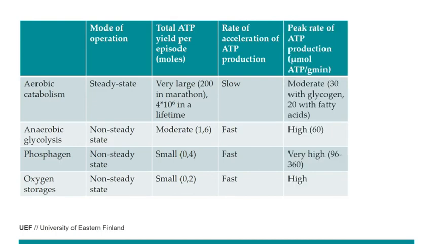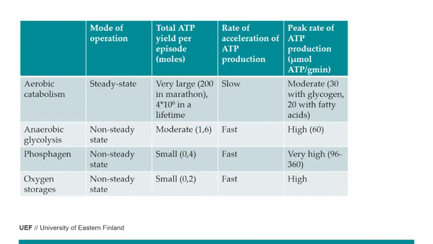And also the peak rate of ATP production, so how many micromoles of ATP per gram per minute, is completely different. We can have maybe 30 micromoles of ATP with glycogen and then 20 with fatty acids. But it's still quite low compared to these other ways.